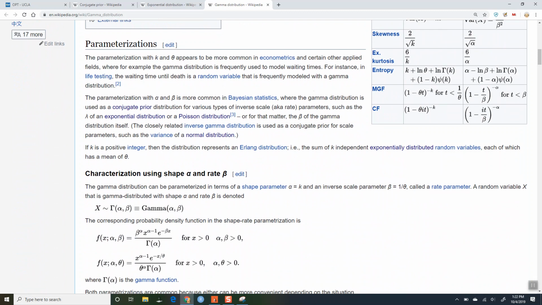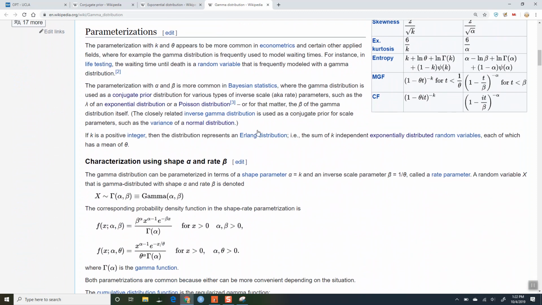It can be used to model wait times, except you have two things: a shape and a rate parameter, or a scale parameter. If the exponential is how much time between this event and the next event, the gamma can be used for how much time between this event and 3 events from now, or something like that, okay?